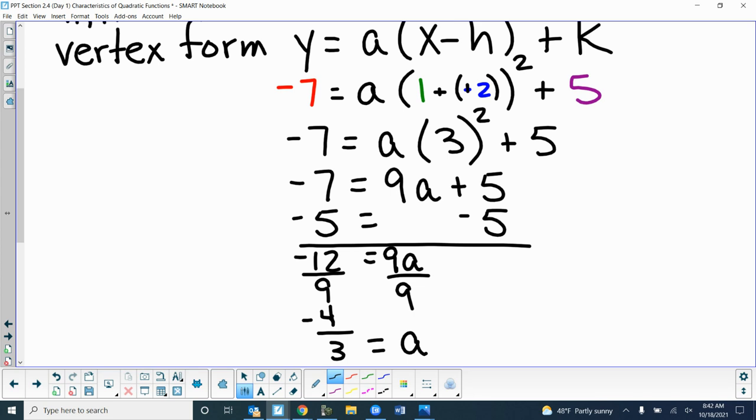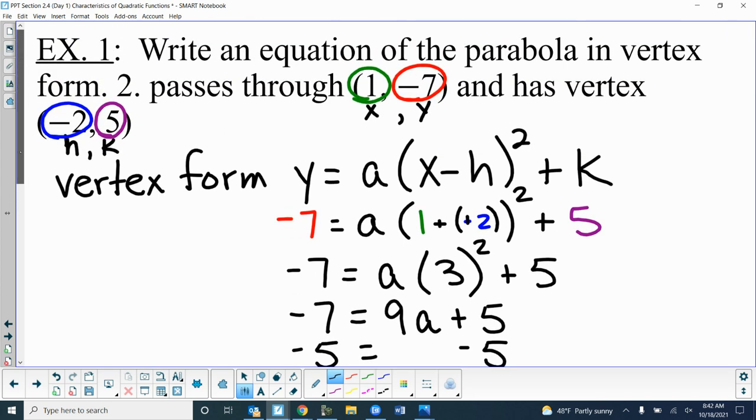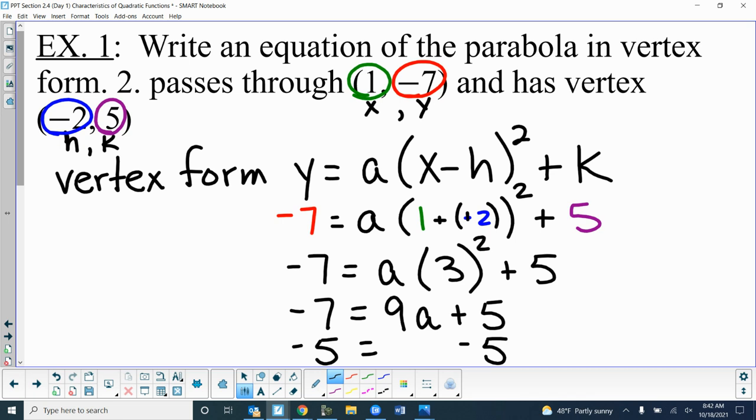So now let's substitute what we know in here for the equation. We're going to substitute what we know for h and k and a now to write the equation. All right, so it's y equals a, we just figured that out, times x minus h, which was a negative 2, so what happens in there?